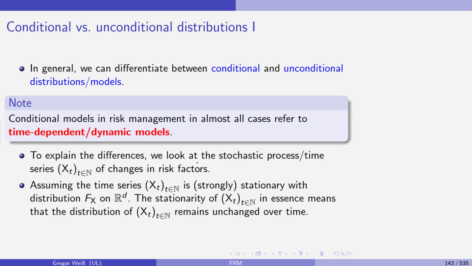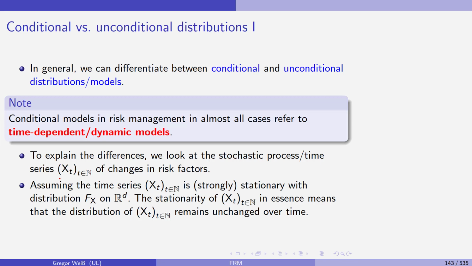Next, let's distinguish conditional and unconditional distributions. Conditional models, sometimes called dynamic models, sometimes also referred to as time-dependent or time-varying models, look at the conditional distribution of X_t under the condition that you have incorporated all information up to point t minus 1.